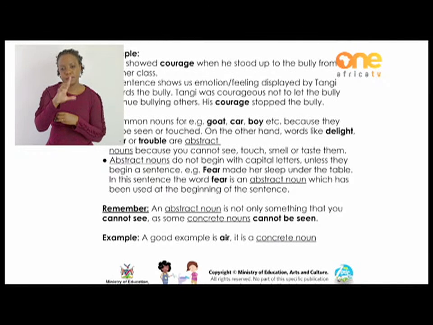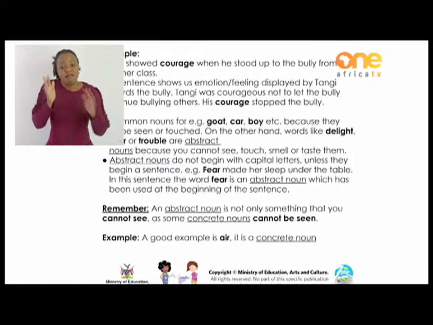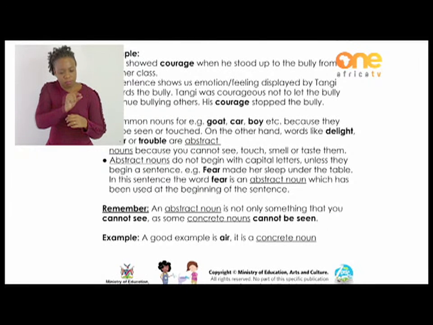Abstract nouns do not begin with capital letters unless they begin a sentence. There is an example. In a sentence, the word fear. So we are saying it is only when an abstract noun starts a sentence that we can put a capital letter.